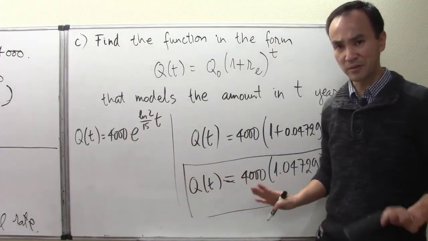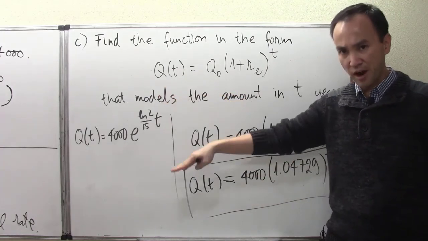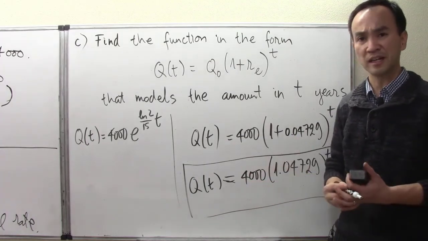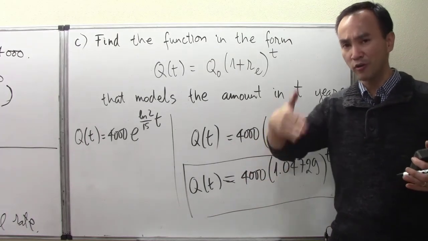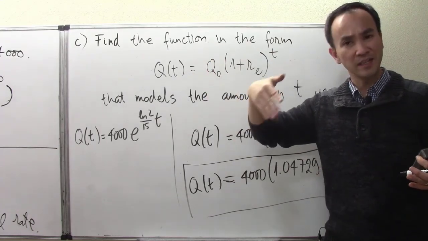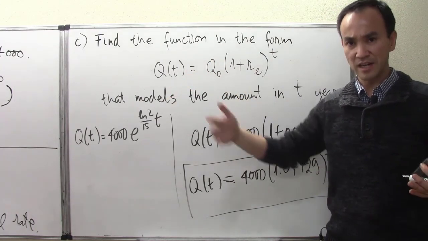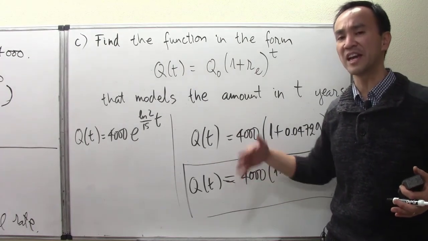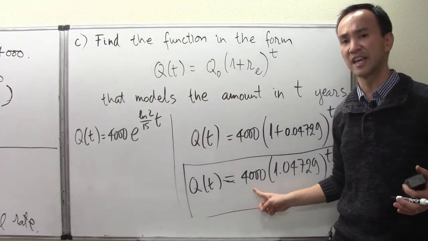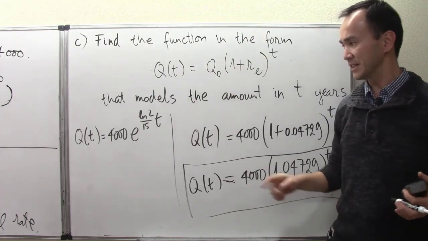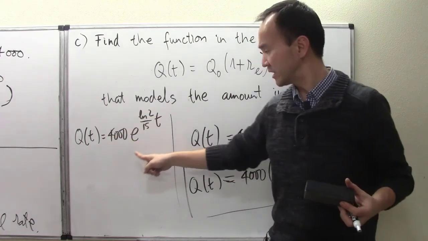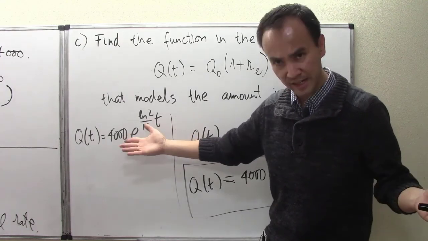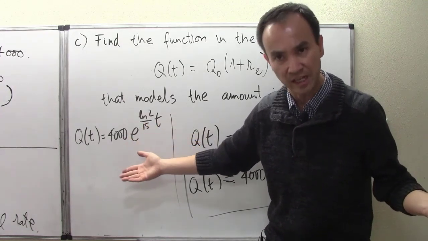Remember that in the discussion prior to this example, I was saying that this particular form is useful when you're sitting at home and you know your money is growing continuously already. But if you want to monitor or watch your money growing every year, then this model is good. It gives you the exact number every year. Rather than using this one, where you're going to have to deal with base e, and the worst case is that some basic calculators these days still do not offer base e calculation.